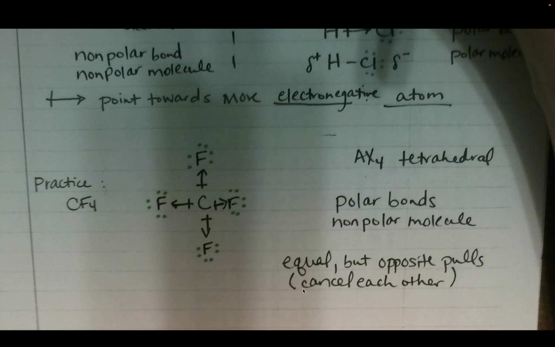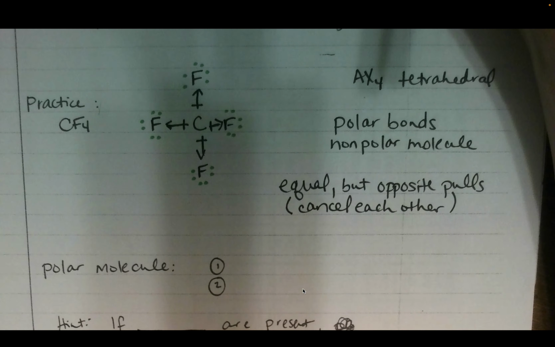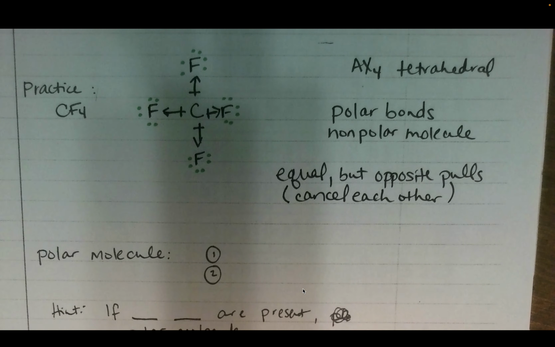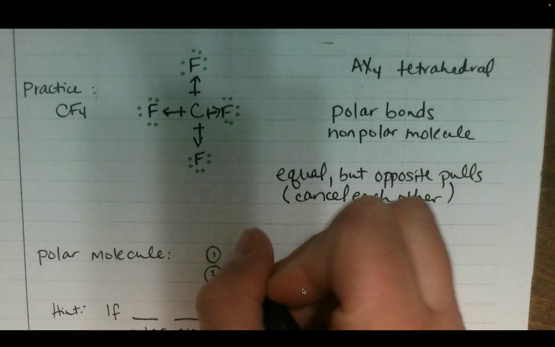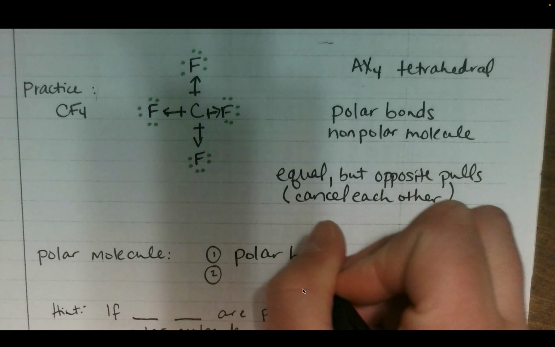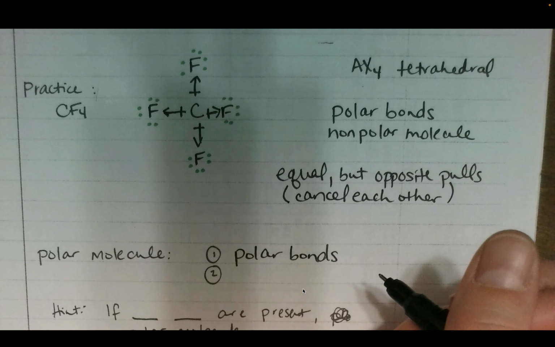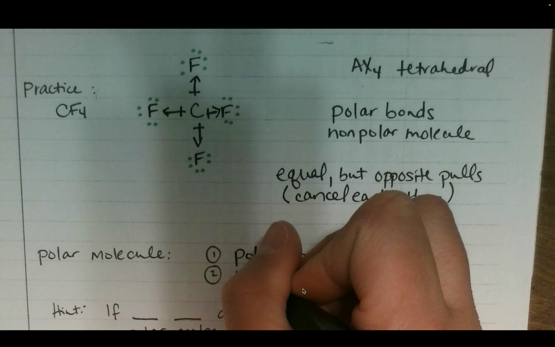So ultimately, based on what I've learned so far, what does that tell me? In order to have a polar molecule, I have to first have polar bonds. We've seen that. But I also have to have unequal pulls.